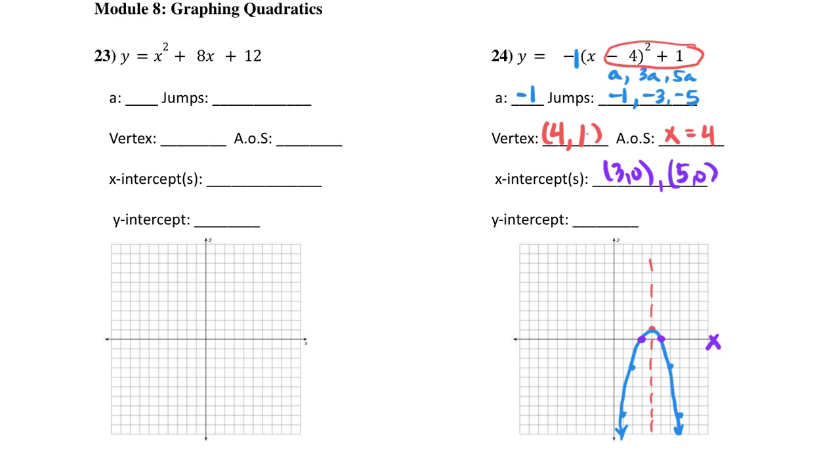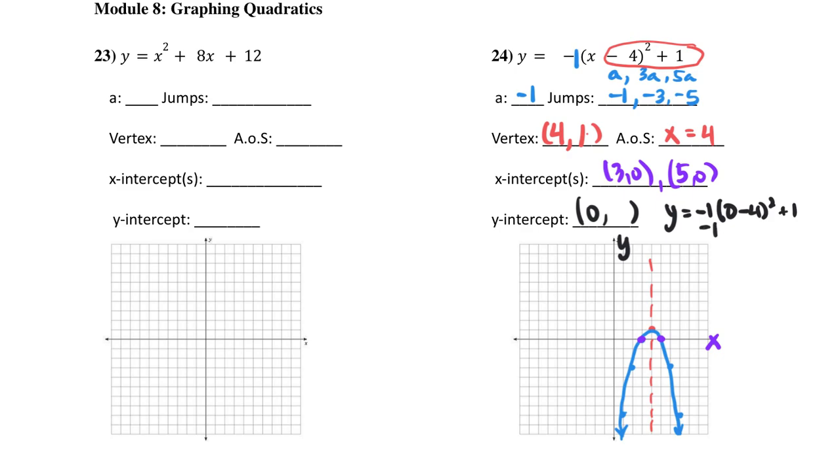Now my y-intercept is not viewable from the graph, so I can solve to get that because I know that the x value has to be 0 if it's a y-intercept. So I go to my original equation, and it's going to be -1 times (0 minus 4) squared plus 1. You can put that whole thing in your calculator, or you can work it out piece by piece.